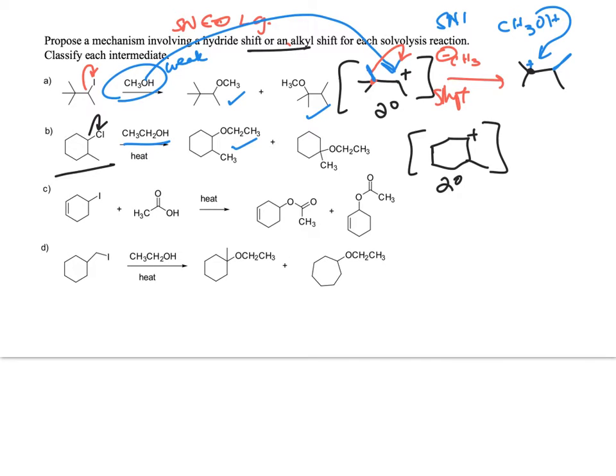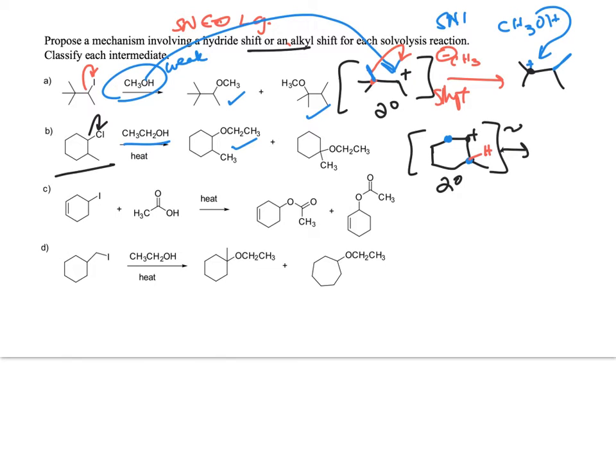The next product is a hydride shift. So this is a secondary, but if you just look at the neighboring ones, you look at this neighboring carbon and this neighboring carbon. If it moves over here to the first top carbon, it's going to still be secondary, so that won't help you out any. But if it changes places with this hydride, ooh, wrong arrow.